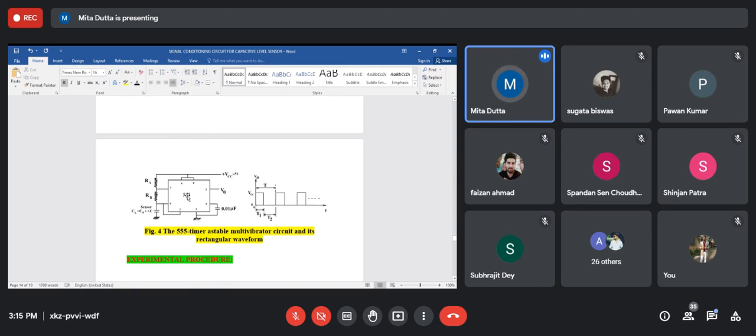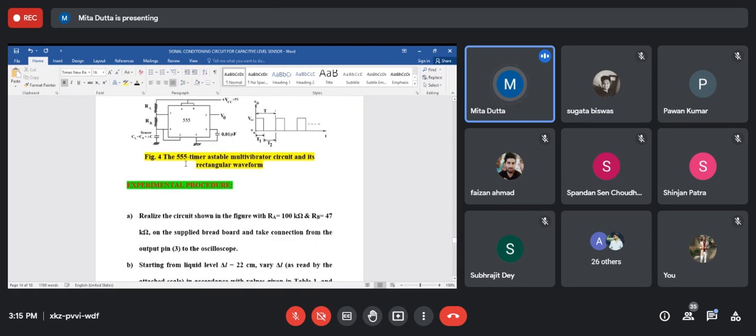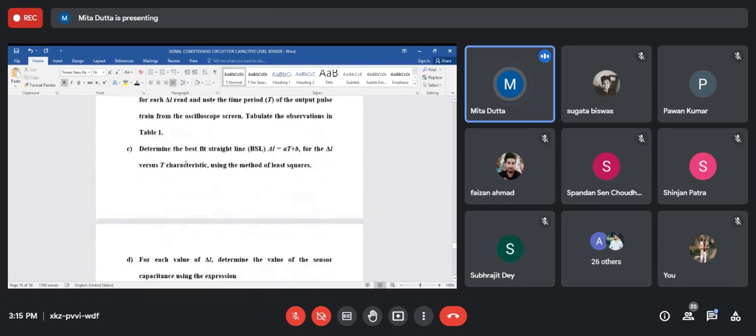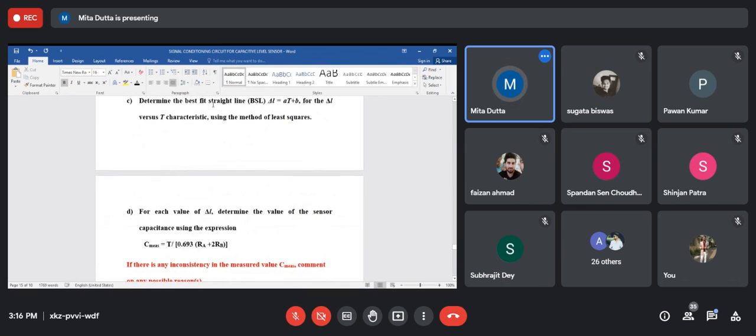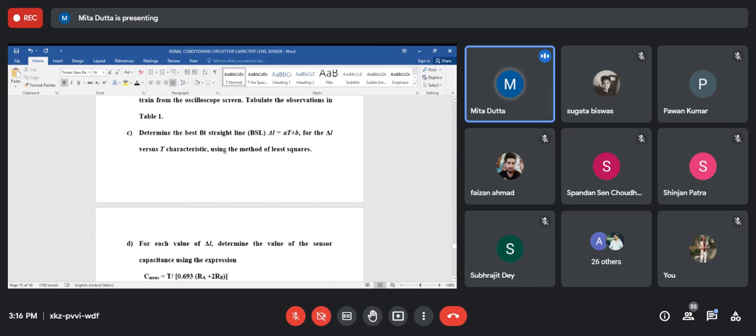We have some nonlinear effect on the change in capacitance, and that we are going to linearize. In that case, we are using a straight line fit curve, using the method of least squares.